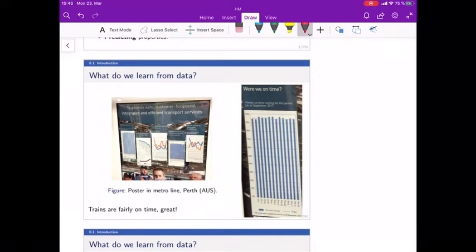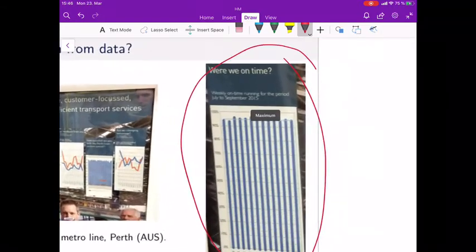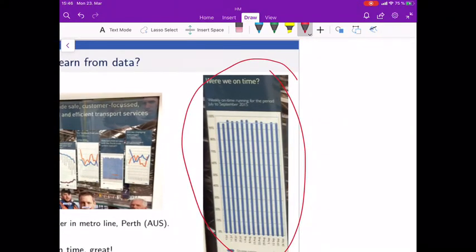So what do we learn from data? A few years ago I was in Perth, Australia, and on the metro line they put these little graphs on there. Let's look at the first one here on the right, about punctuality. So if we zoom in, were we on time, and they've given us more or less the raw data.